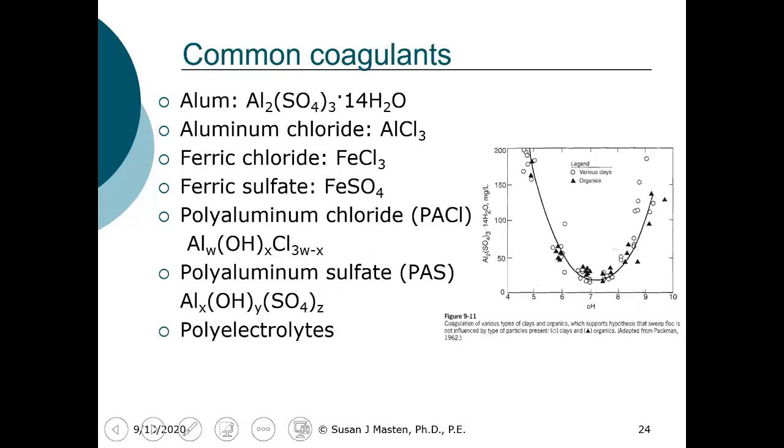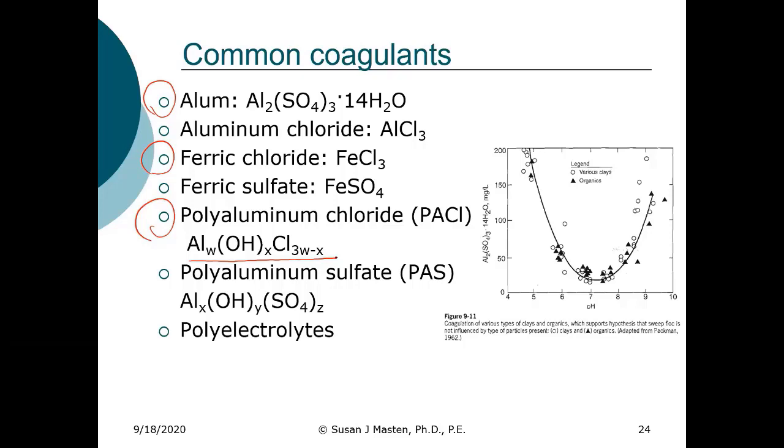Some of the common coagulants are listed here. These include alum, and most common in the US is alum, ferric chloride, and now polyaluminum chloride, and you can see it here. It's a complex formula.